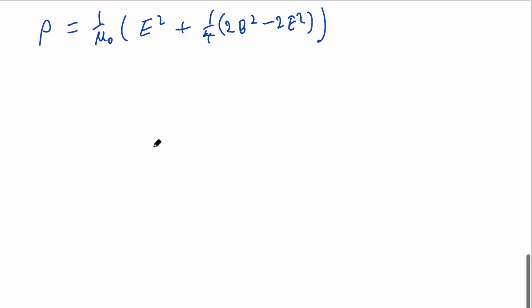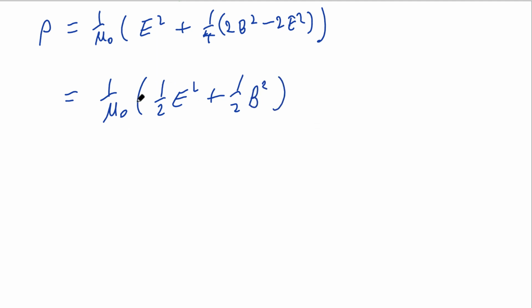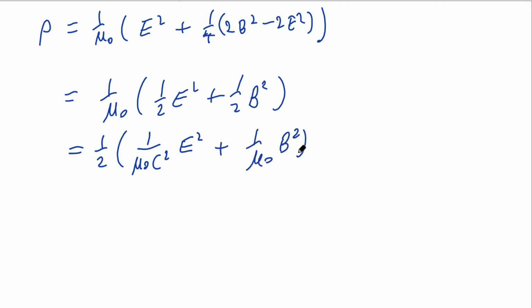And simplifying that, we have 1 over mu naught times E squared minus 1/2 E squared, that's 1/2 E squared, plus 1/2 B squared. Now, we can pull out the 1/2, and if we had gone through this analysis carefully, keeping all the factors of c, the speed of light, we would actually find this is 1 over mu naught times c squared E squared plus 1 over mu naught times B squared.